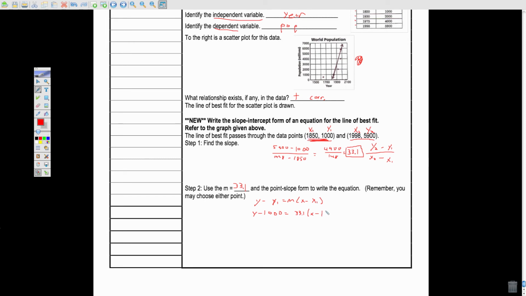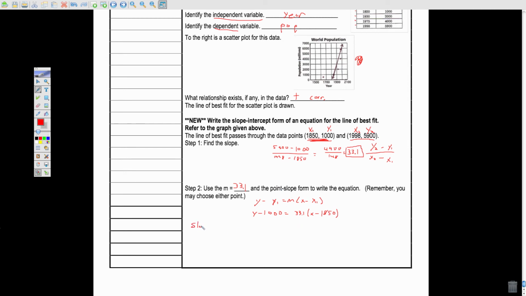Again, to go back, look at our point. The x1 would be 1850. There we go. There's our equation in point slope, which is what it asks us to do.